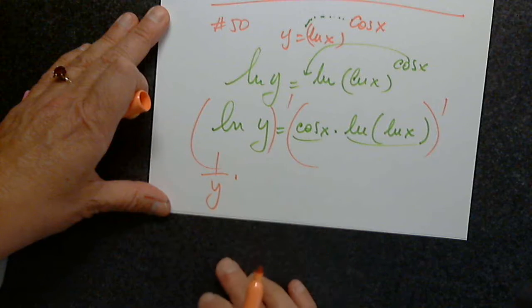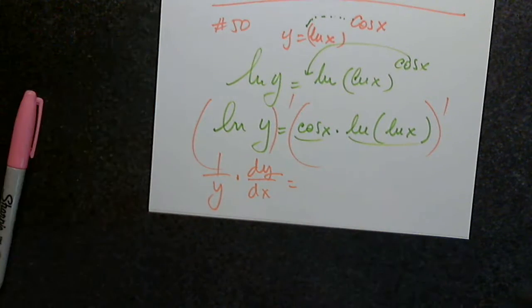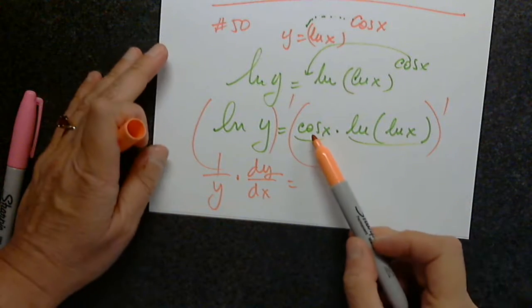1 over y times. Do we all see that? Now you have to be very careful because you have to come up with a sum of two products. Sum of two products. Please give me the first one.